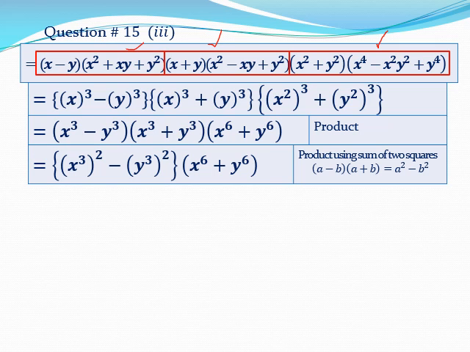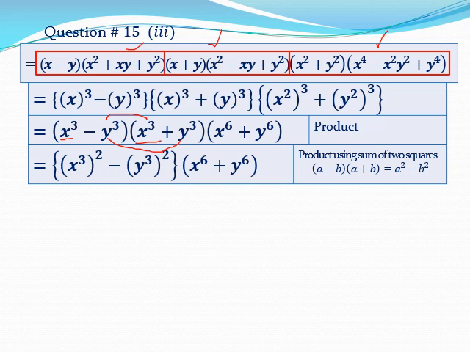Again we are going to find the product of the first two factors. Using difference of squares, as the first term and second term are both equal to each other with the difference of signs, we combine them.